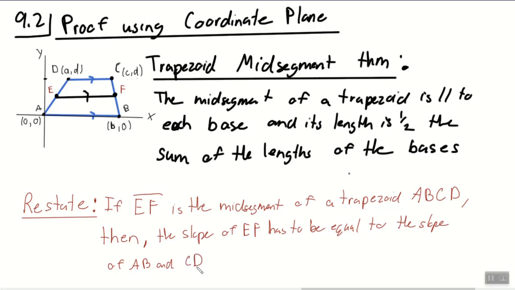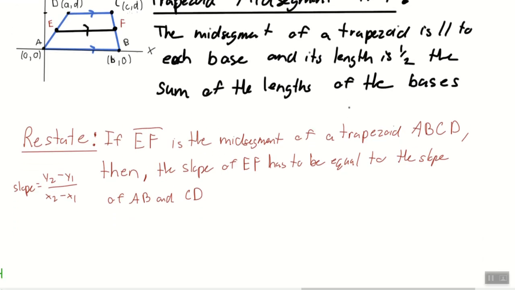Sonny, what is the slope formula? y2 minus y1 over x2 minus x1. Yep. So we're going to have to use that because we're going to have to prove this in a second. So then the slope of EF has to be equal to the slope of AB and CD.